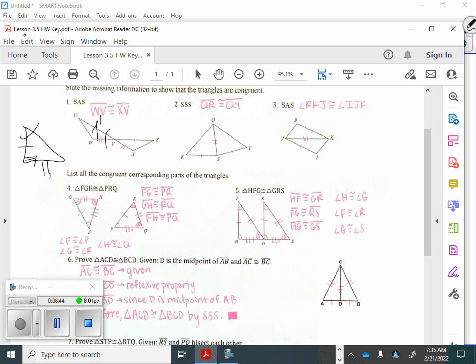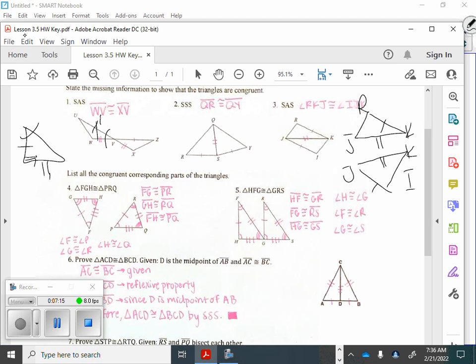If I take these triangles and break them apart, so that's R, J, K, and this is J, K, I. Notice that side JK is with both of them, right? So a side that's the same is obviously congruent to itself.